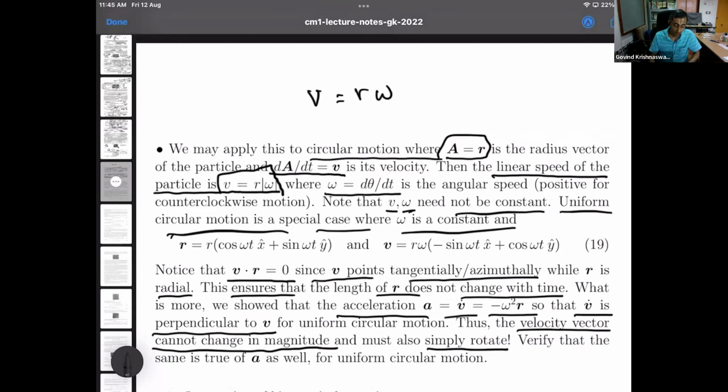So any vector A whose time derivative is orthogonal to itself necessarily must rotate. Its length cannot change. This is the basic observation we are making.